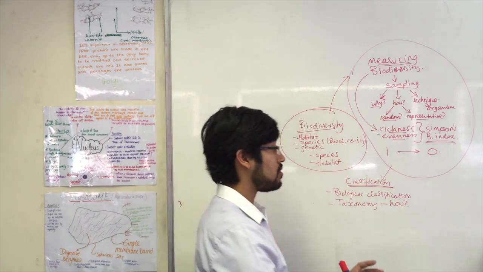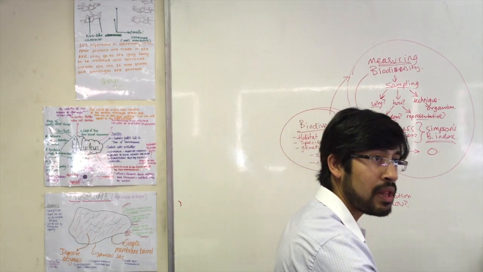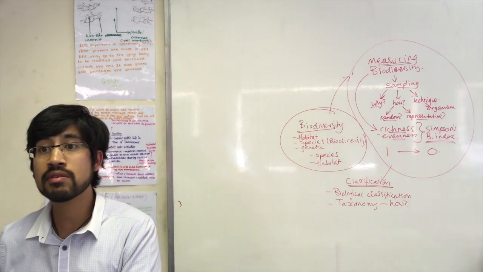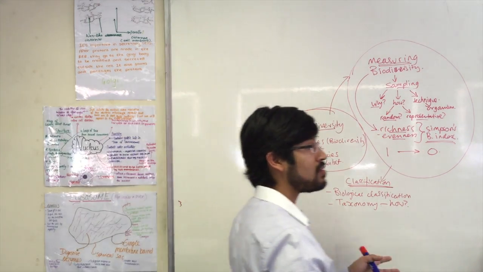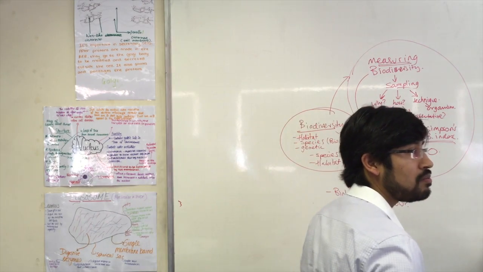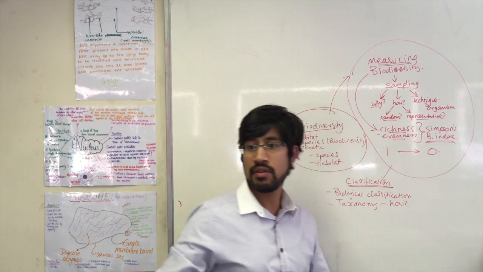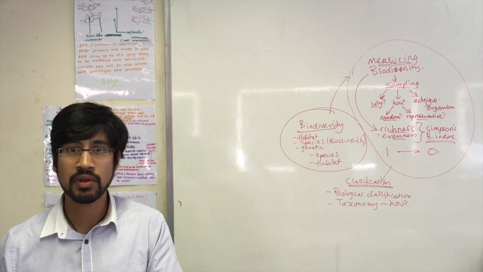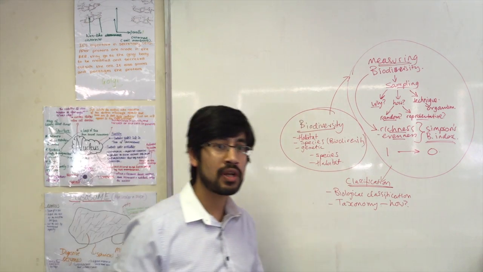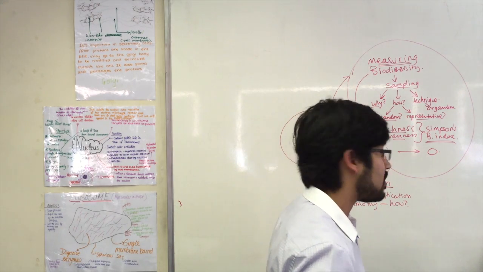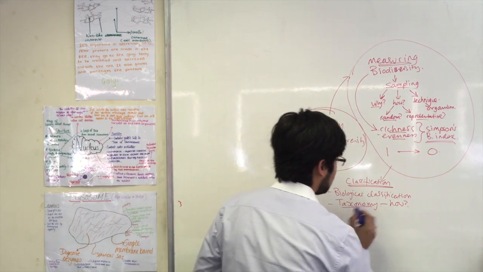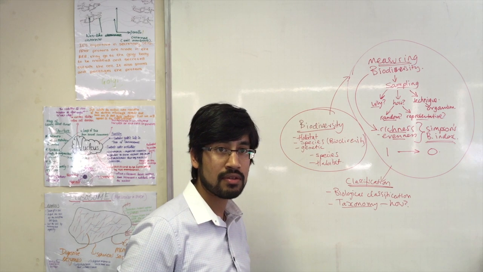Am I going to group these organisms because these all smell nice and those don't smell nice? Or am I going to classify them based on these guys seeming to have 2 leaves when they germinate and these plants seeming to have 1 leaf when they germinate? On what basis am I going to classify? That is what taxonomy is.